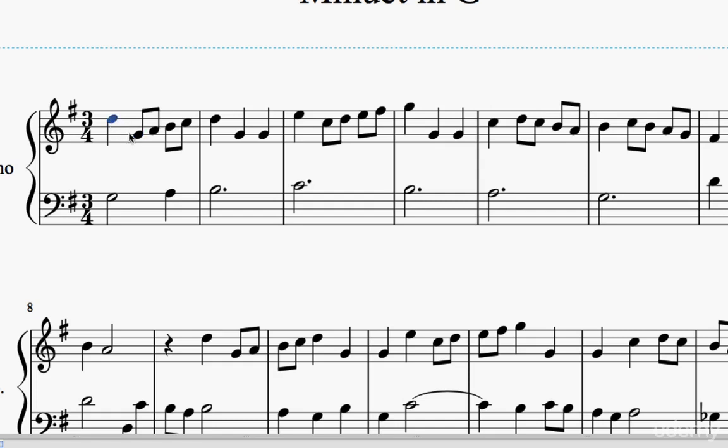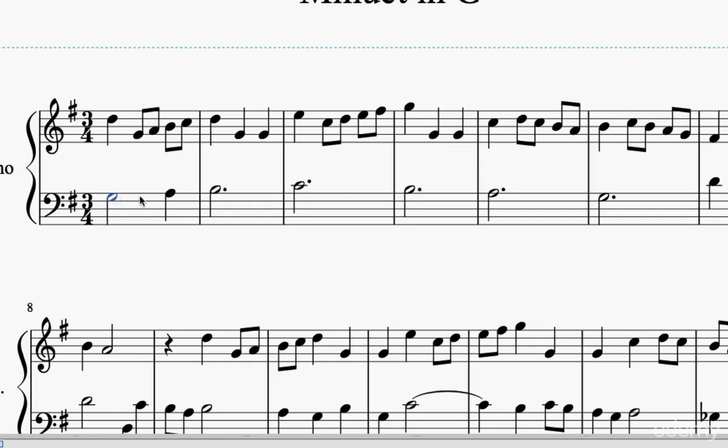So 1 is the strongest beat, and then 2 and 3. The and of 2 is definitely a weak beat, and the and of 3 is definitely a weak beat. So I'm pretty comfortable calling this whole bar a G, a 1 chord, with this A and C being non-chord tones. Also, we have a non-chord tone in the bass, and that's okay. That's totally allowed.